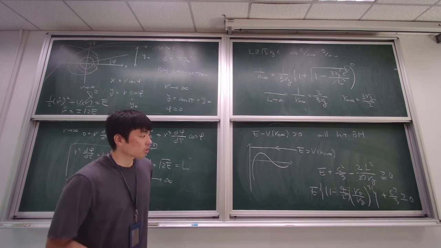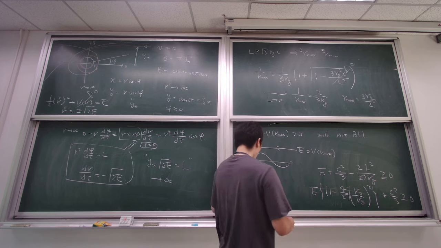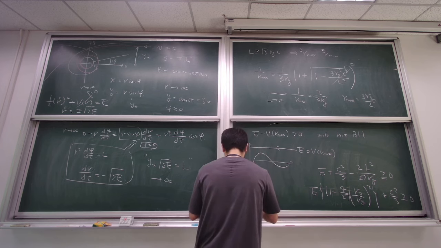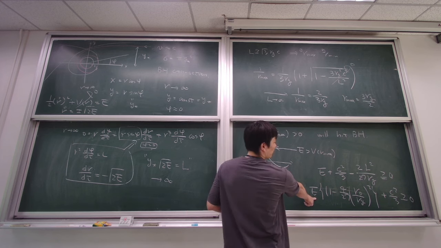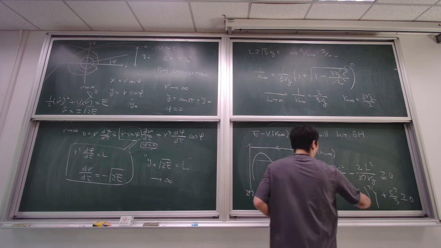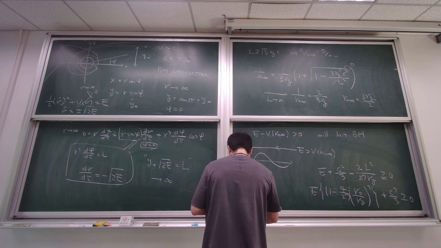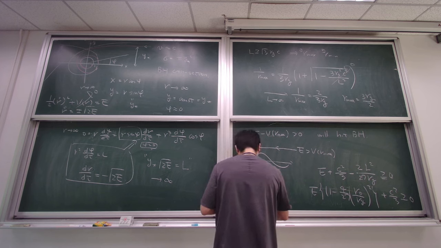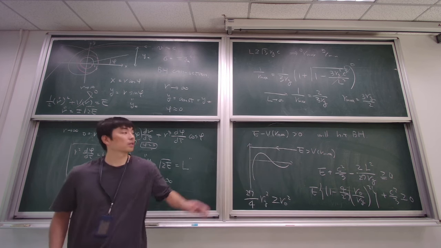In order for this to be positive, what we want definitely is 27. Because E goes to almost infinity, this term will dominate. So therefore, what we want is 27 over 4 divided by 4 should be greater than r0 squared. Okay, so that's what we get.